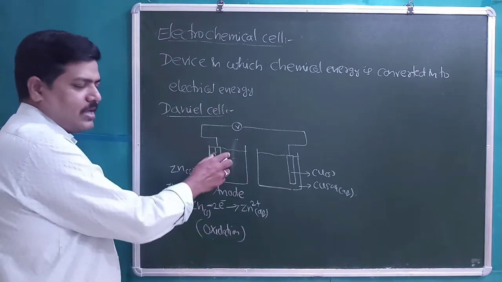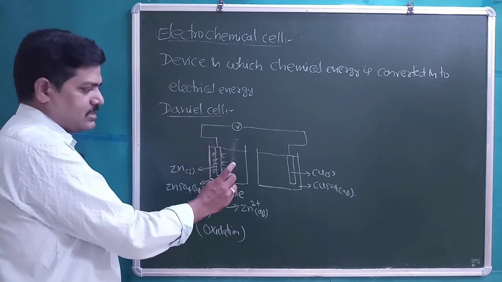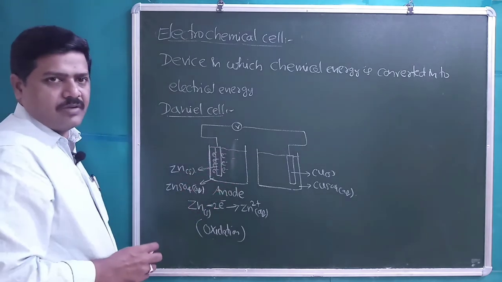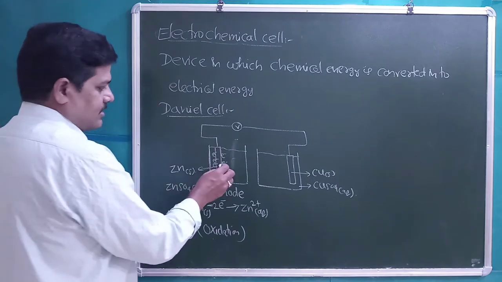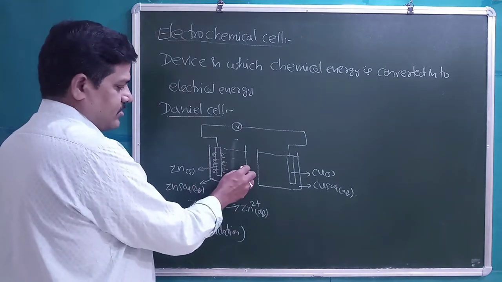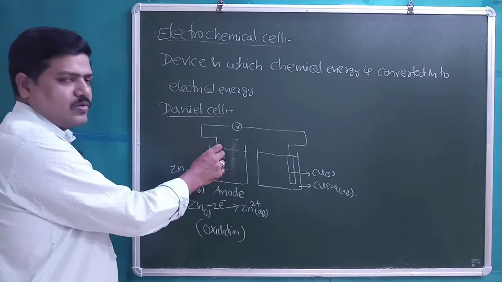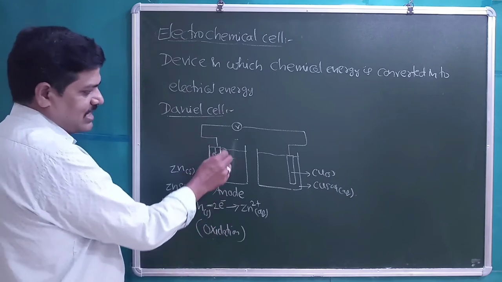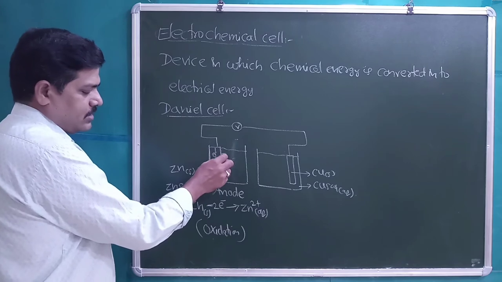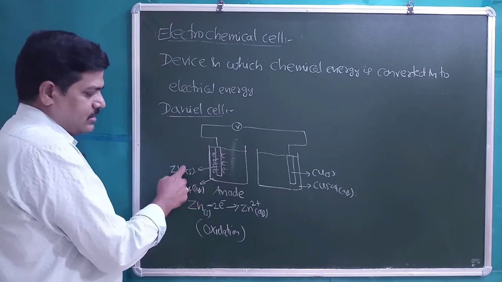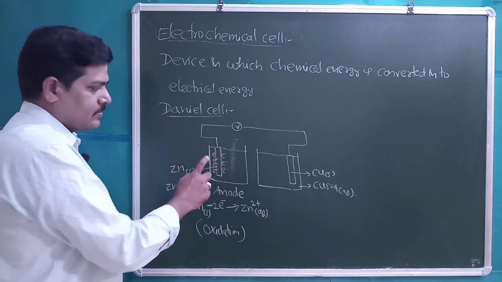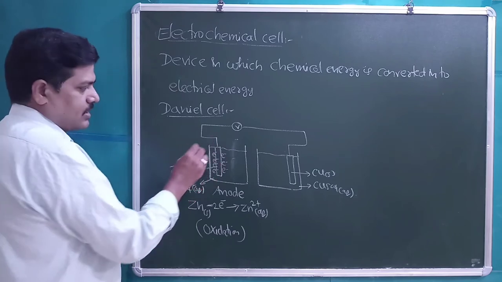Then accumulation of electrons takes place because the electrolytic solution offers resistance. Electrons cannot enter into the electrolytic solution. This half cell reaction occurs only on the surface of the metal rod. Because of accumulation of electrons, the zinc rod attains a negative charge.